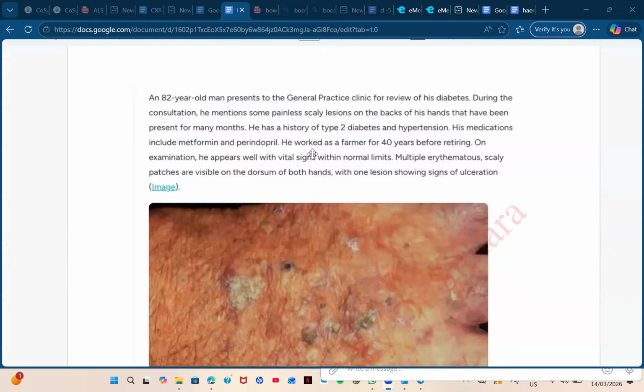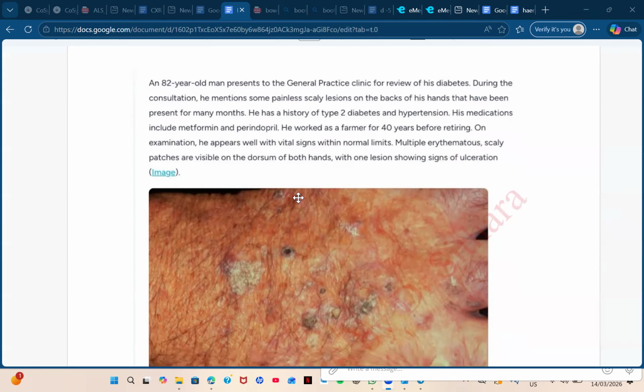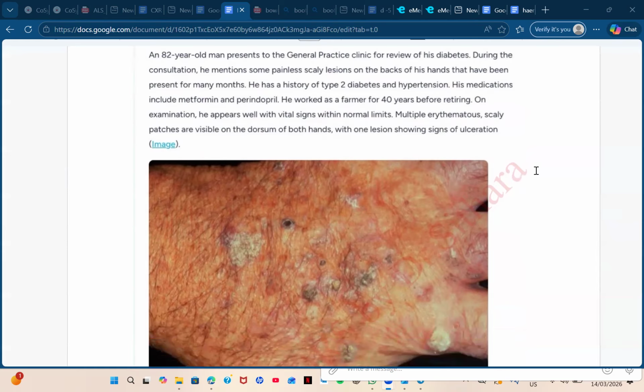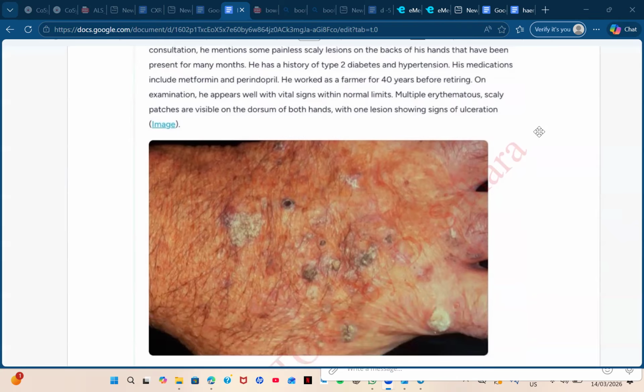He has a history of type 2 diabetes and hypertension. His medications include metformin and perindopril. He worked as a farmer for 40 years before retiring. On examination, he appears well with vital signs within normal limits. Multiple erythematous scaly patches are visible on the dorsum of both hands, with one lesion showing signs of ulceration.